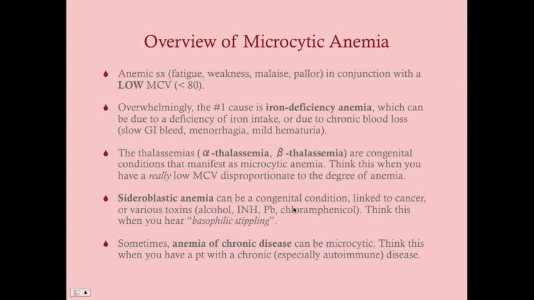So various toxins can include alcohol, isoniazid, lead, chloramphenicol, other heavy metals. You should think of sideroblastic anemia when you hear the term basophilic stippling, and I'll show you a picture of what that looks like. And then sometimes anemia of chronic disease can be microcytic, and of course you should think of anemia of chronic disease when you have an anemic patient who also has a chronic disease.